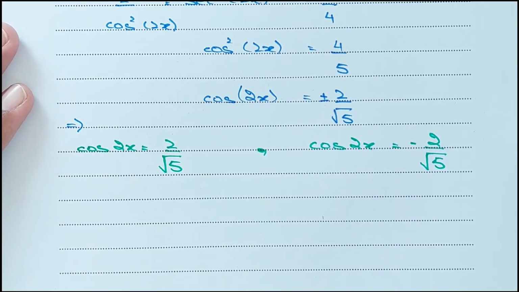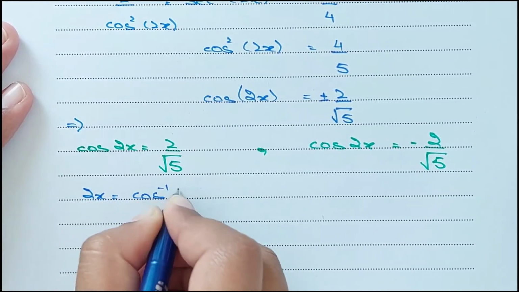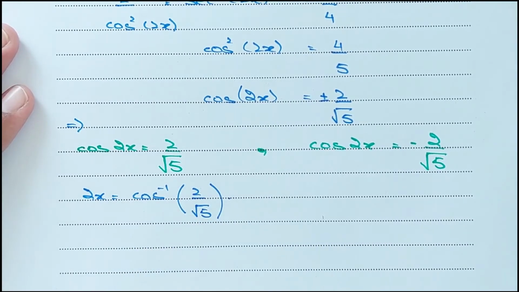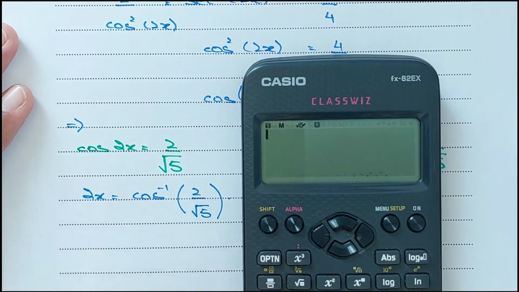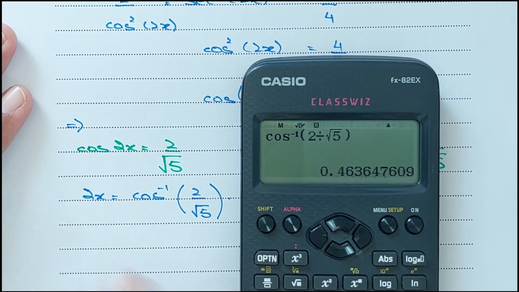Now let me find the x value. So here we can say 2x is cos inverse of 2 by square root of 5. The range for x we have been given is between 0 to pi by 4. It is in radians. My calculator is in radians, yes. Okay, cos inverse 2 divided by square root of 5, which is 0.46, and you have to divide this by 2, which is 0.2318, up to 3 significant figures.